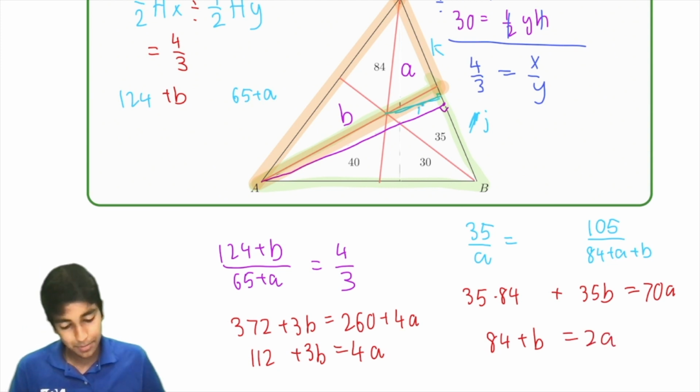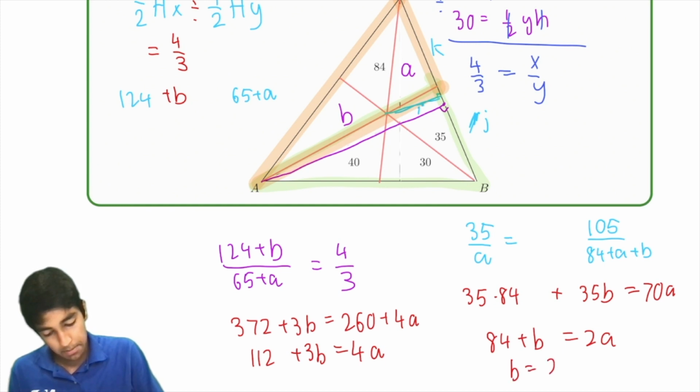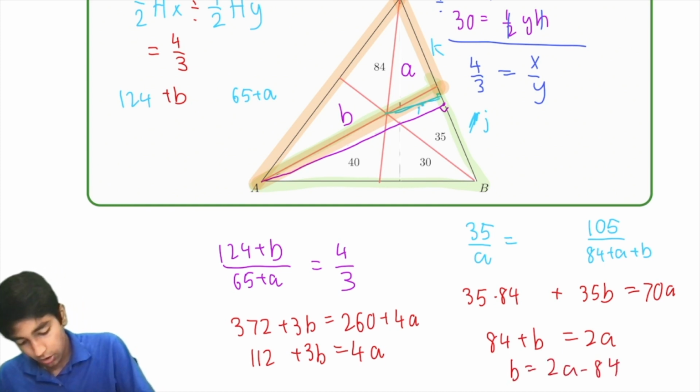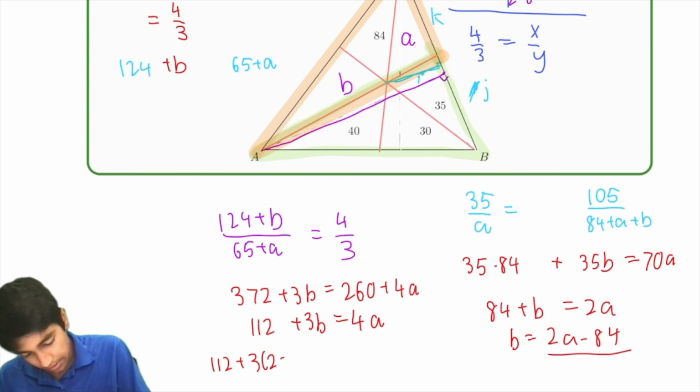And this seems pretty simple. So what we can do is now substitute. B is 2a minus 84. So 112 plus 3b, 2a minus 84, is 4a.